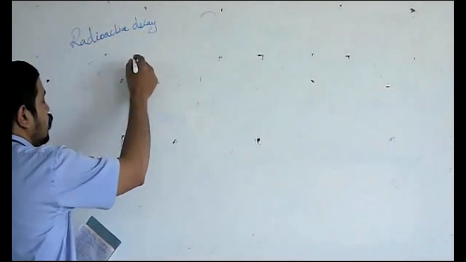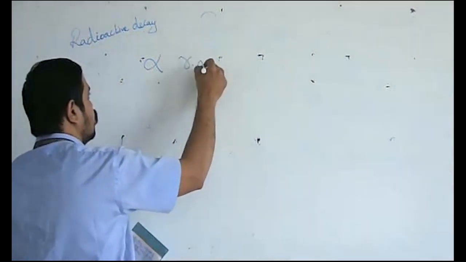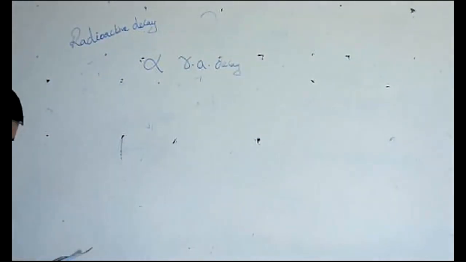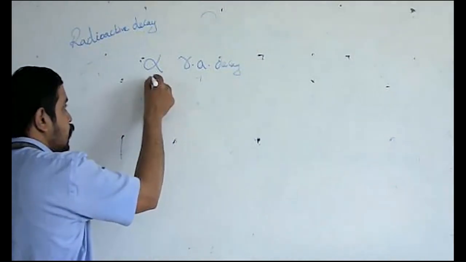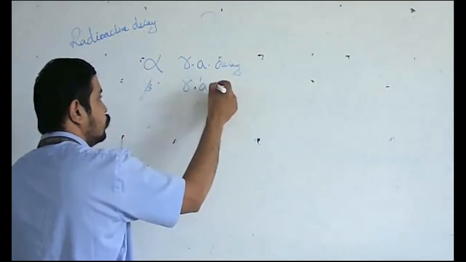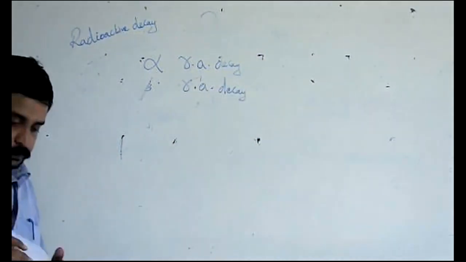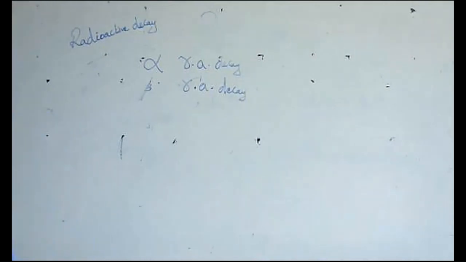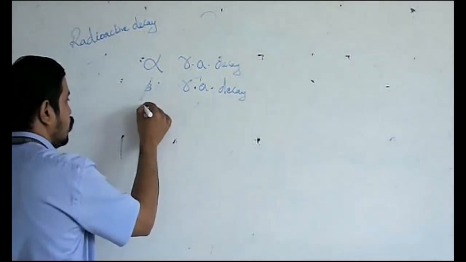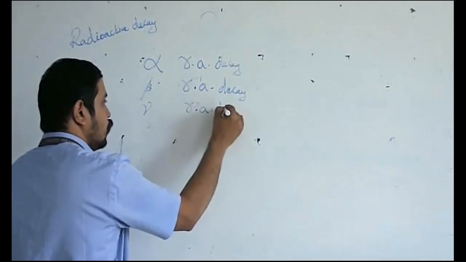That is alpha decay, beta radioactive decay, which is the second type, and gamma radioactive decay.